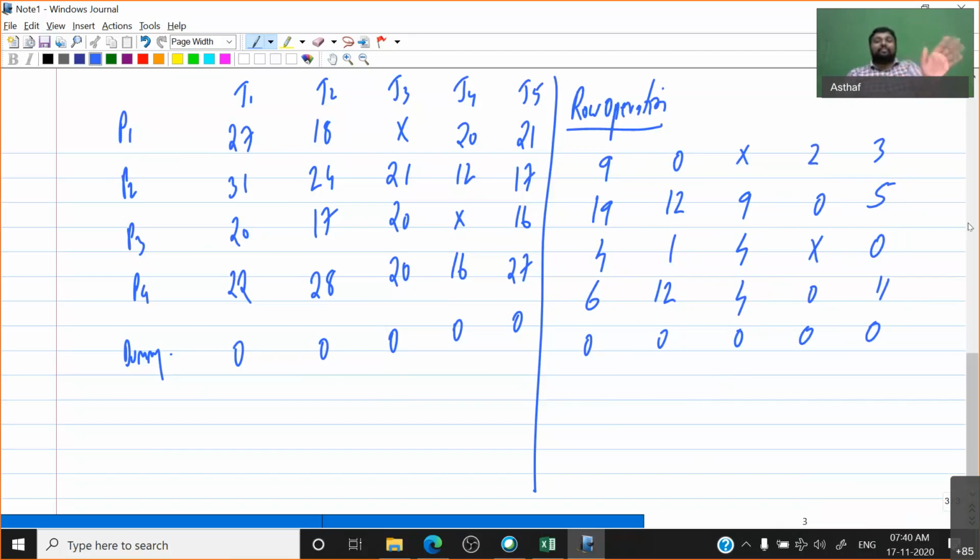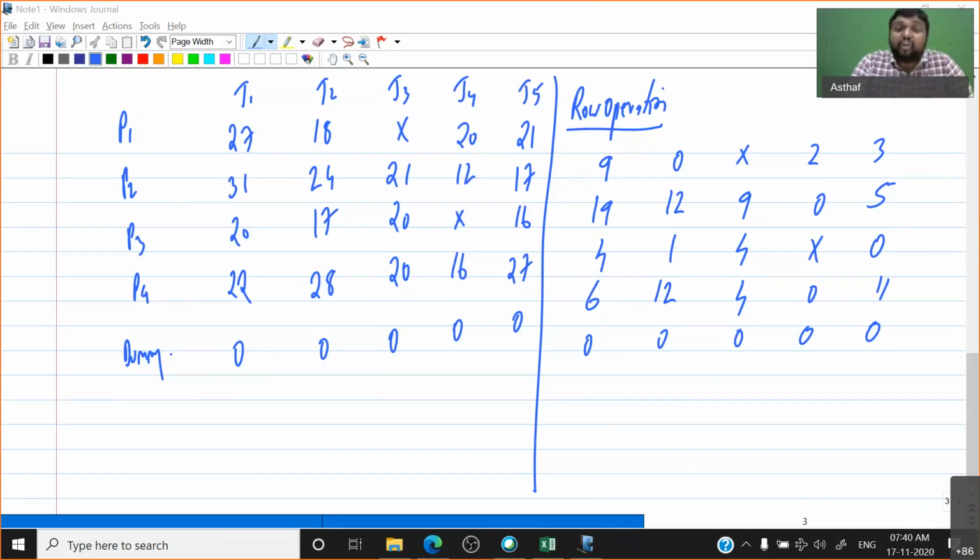No need of doing a separate column operation because there will be no changes. So it will be the same. Column operation is not required because there is already a zero in all the columns. So now what do we have to do?